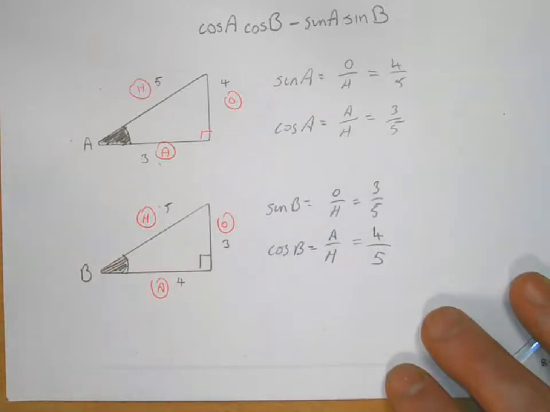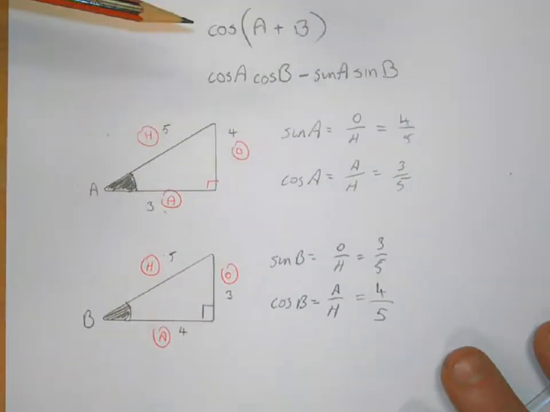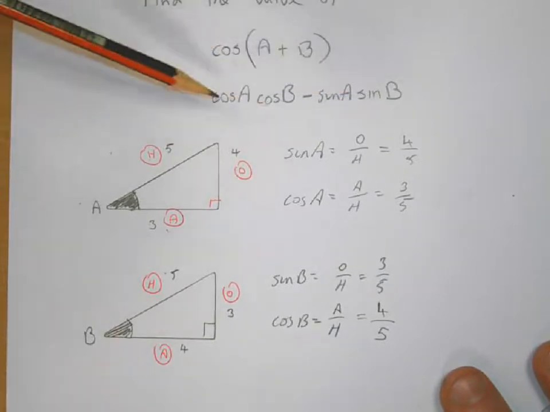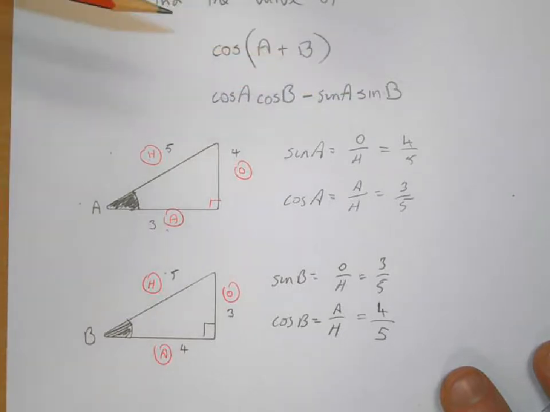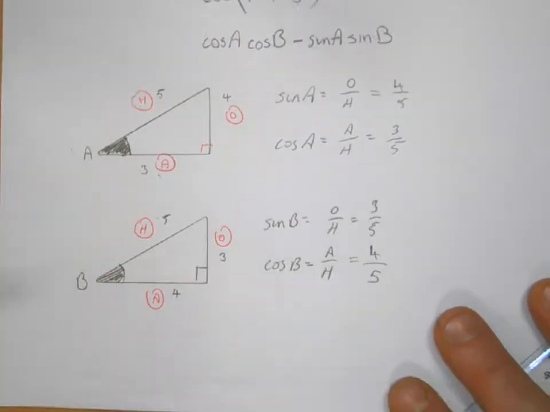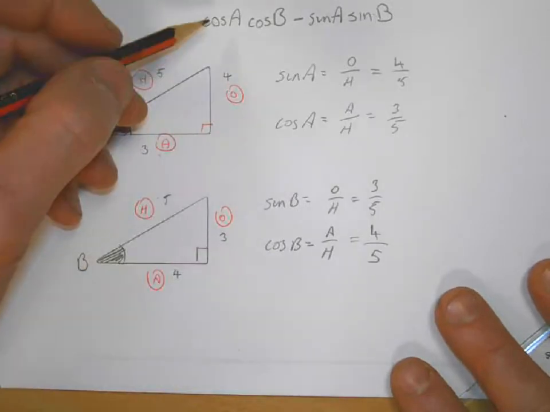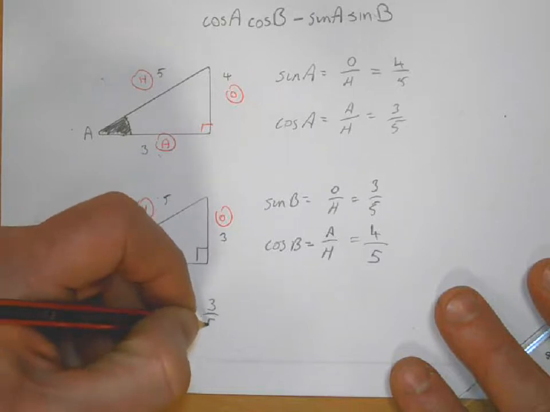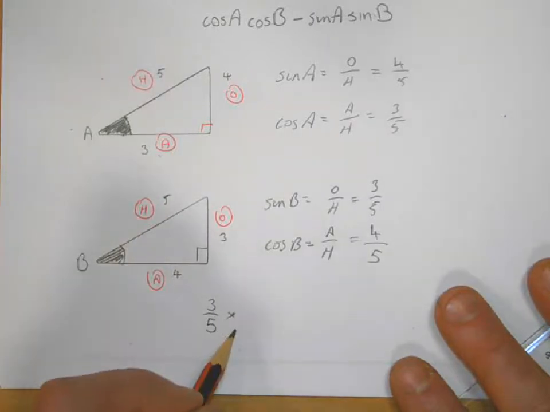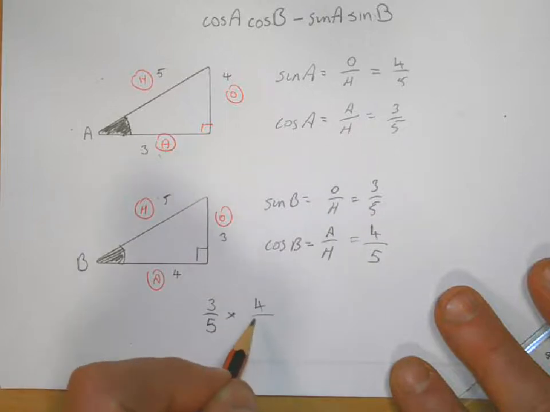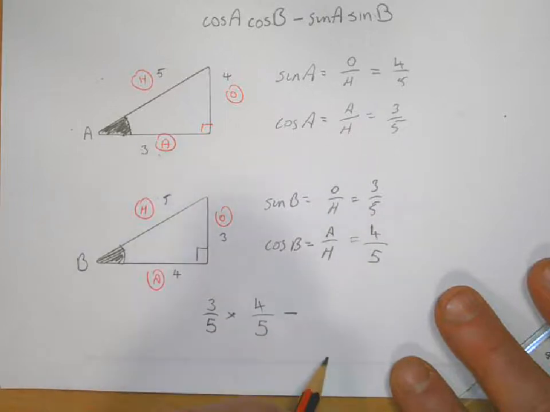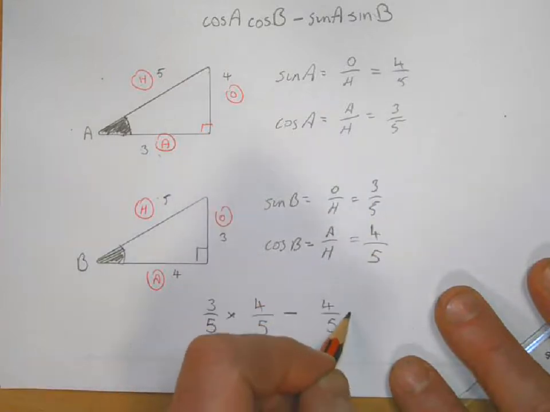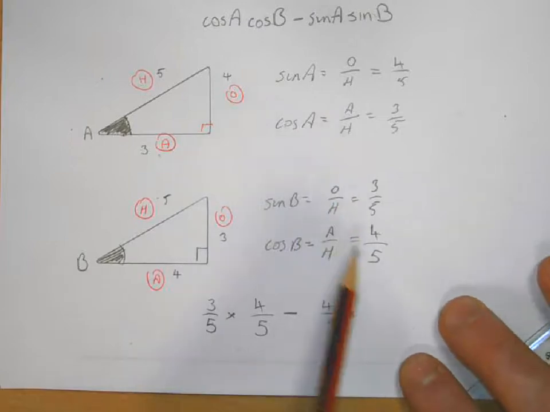Okay, let's go back down to the question. We're trying to work out what cos(A plus B) is going to be. We've expanded it, and now we've got all the information we need to put into this expansion. cos A is 3/5. We're multiplying that by cos B, which is 4/5. We're then taking away sin A, which is 4/5, times sin B, which is 3/5.